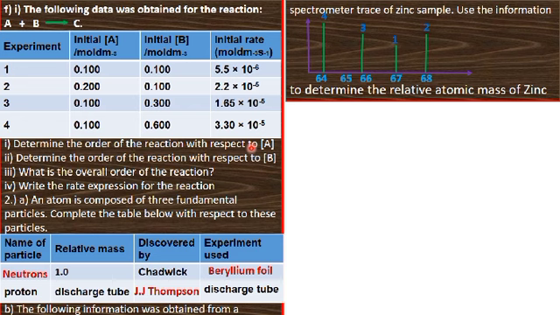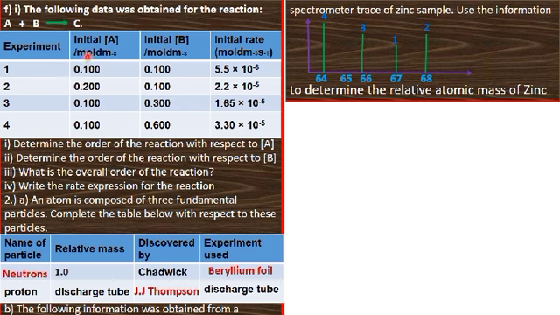So let's start with A. Do we see that in experiments 1 and 2 they've kept the concentration of B constant? Because here we have 0.1 mole per dm³, and here we also have 0.1. What has happened to A, friends? They have doubled it, from 0.1 to 0.2.